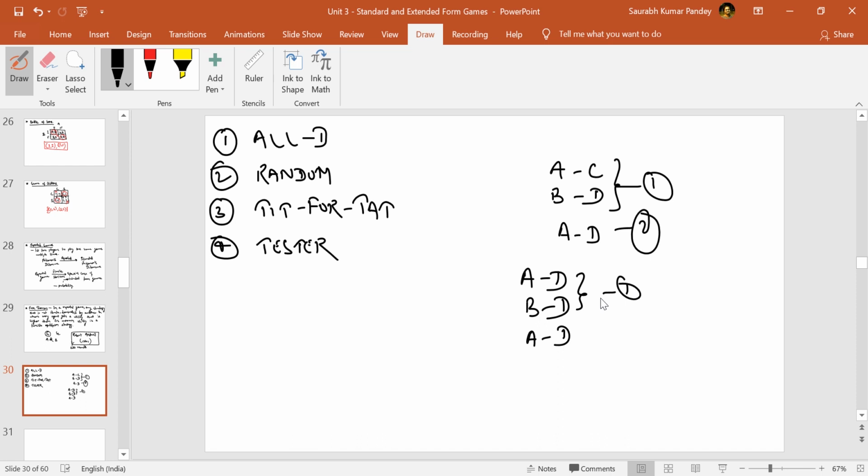Similarly, if A cooperates, then it has to cooperate for two other rounds. This is round 1, round 2, round 3, and then it will defect.